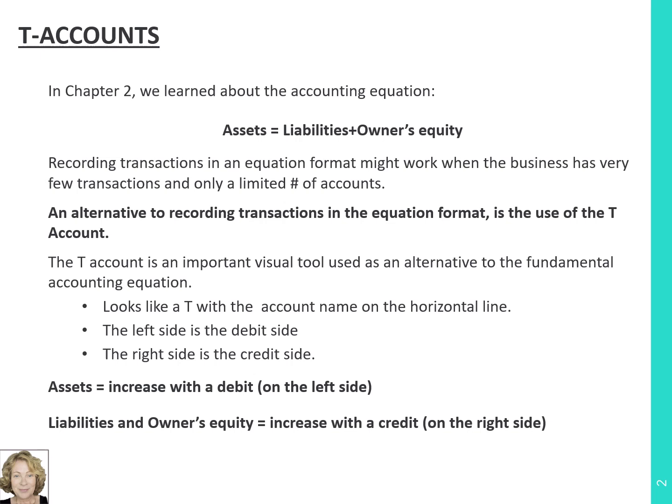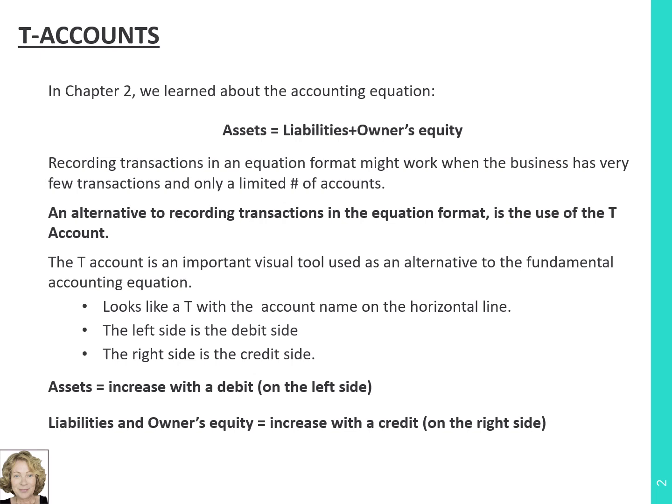It takes a bit of practice and repetition, not unlike learning a foreign language, to remember what accounts increase with debits and decrease with credits, and what accounts increase with credits and decrease with debits. But for now, remember that assets increase with debits on the left side.